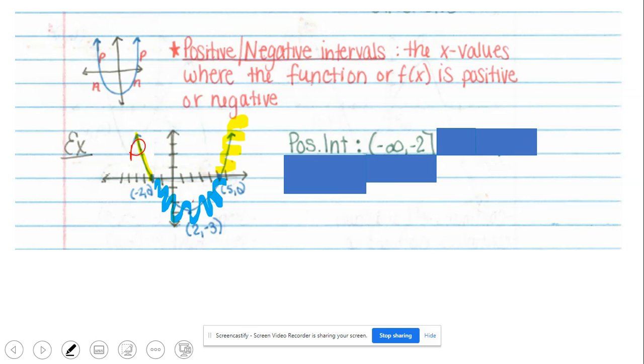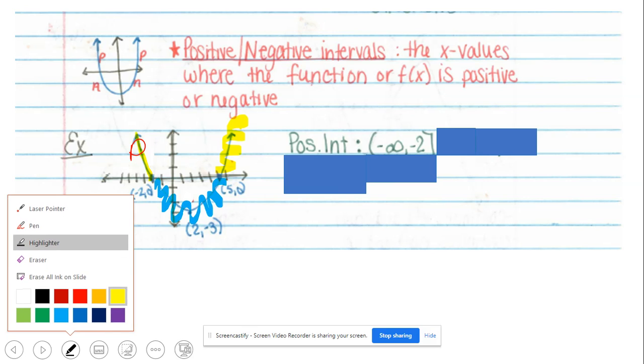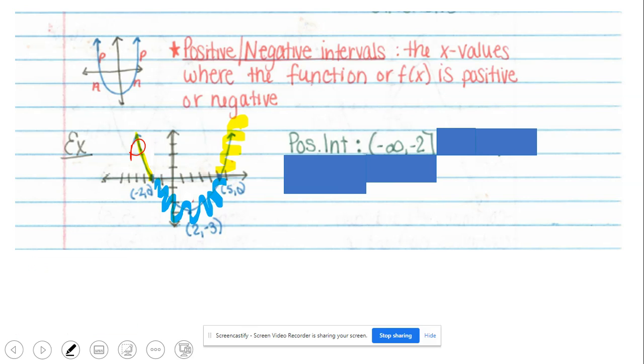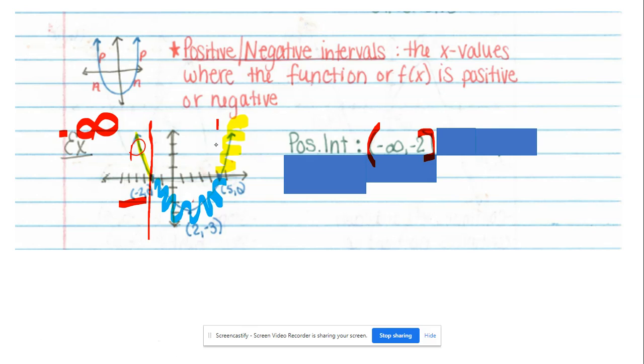We're using interval notation. So when we're using interval notation, we're looking at the x value. So this, like I just said, this is coming from -infinity. And then this x value is -2 with your square bracket like you see here. Then this is negative underneath, and then it starts being positive again right here at the x value of 5.